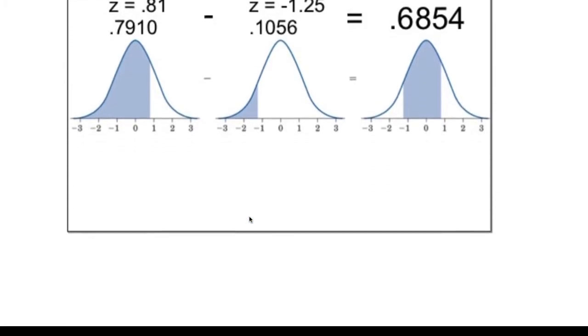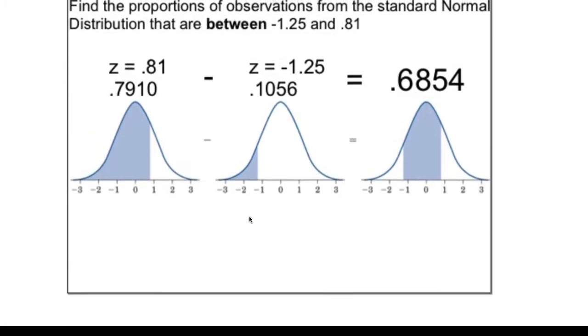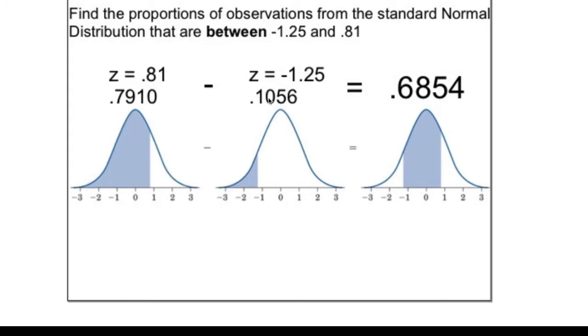Okay? Again, from a visual perspective, the reason why I'm subtracting them is because I'm looking for this range of values right here. Again, that is greater than, so if this is 0.81 here, I'm looking for greater than 0.81, but then oops, nope, that was negative 1.25. I'm sorry, greater than negative 1.25, but then less than 0.81.